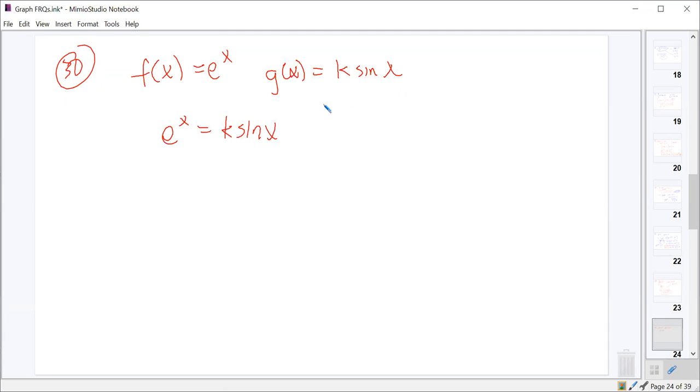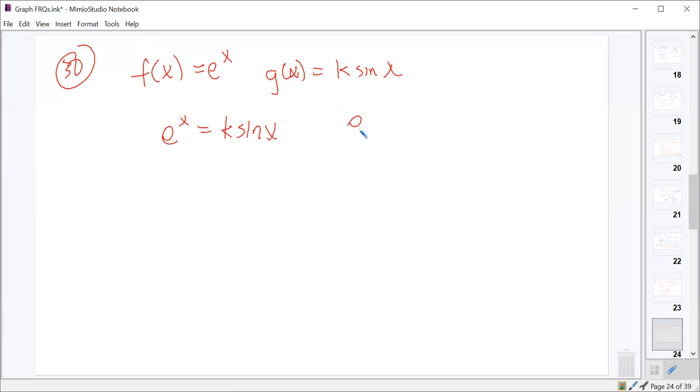If they both have tangent lines at that same point, then we need the slopes to be the same. It does say common point of tangency, so yes, we need the slopes to be the same also.